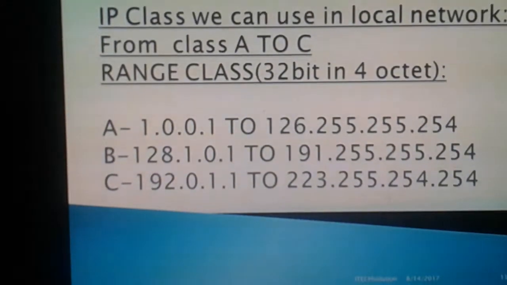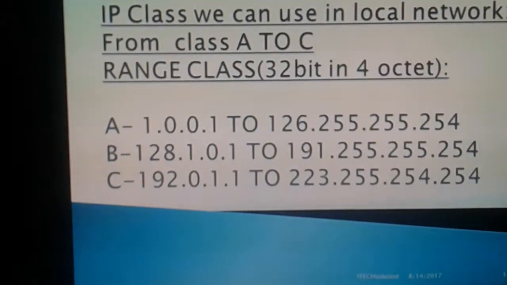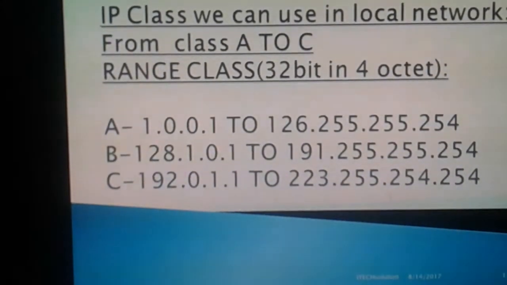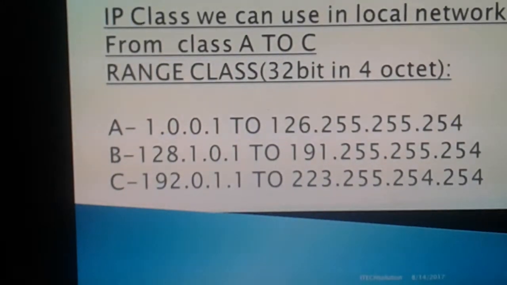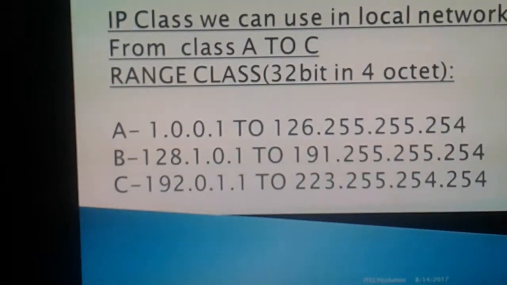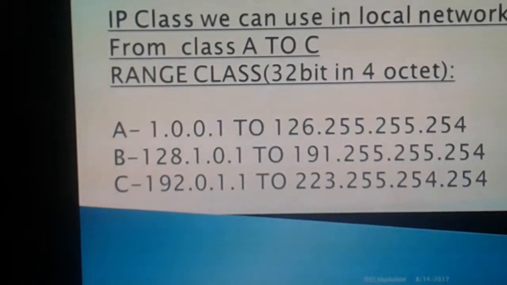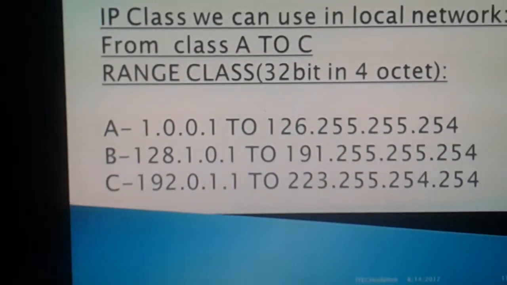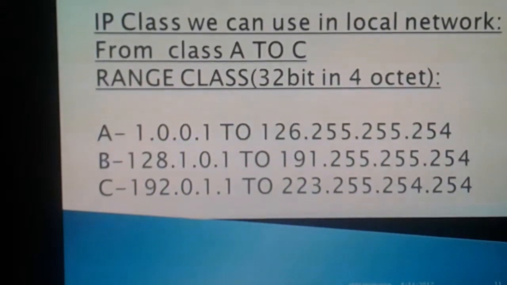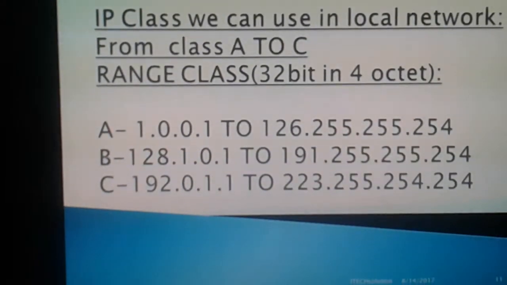Class C starts at 192 and ends with 223. And the last IP is 254 according to the IP assignment rules. 0 and 255 are barred from assignment because they represent a network or broadcast IP. It's called the broadcast IP.